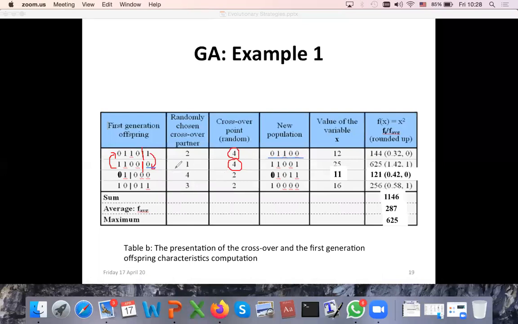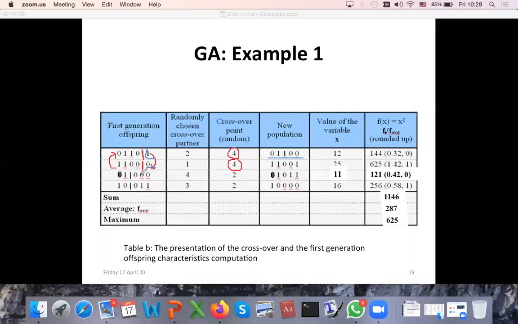And then similarly 1, 1, 0, 0, and you have to shift this one into the string of the second member, and then you will get this string 1, 1, 0, 0, 1. So this is the crossover operation that you are performing here. And after the crossover operation, we are getting these strings in the new population.